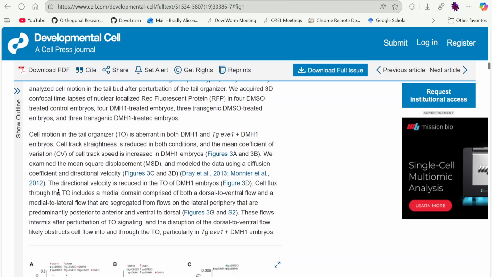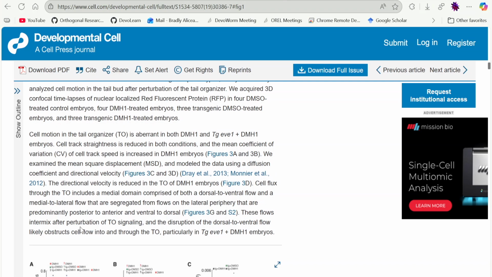Cell flux through the tail organizer includes a medial domain comprised of both a dorsal to ventral flow and a medial to lateral flow that are segregated from flows on the lateral periphery that are predominantly posterior to anterior and ventral to dorsal. So these are flows that enable cell migration, and they're slowed down in these perturbed phenotypes.